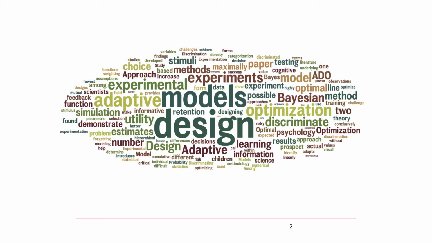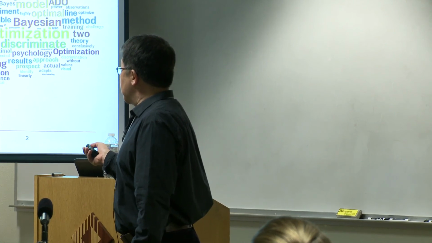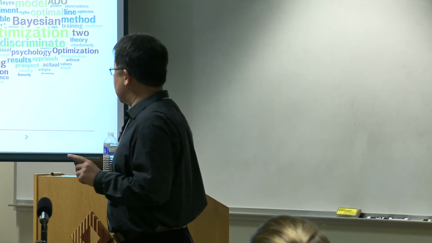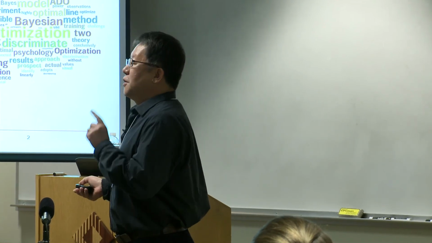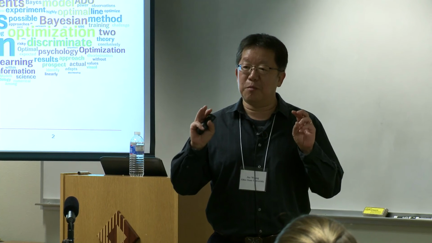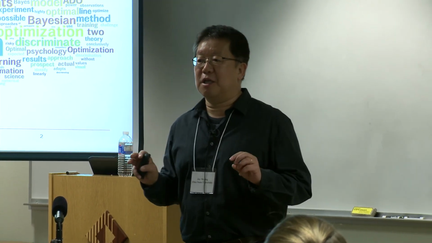If I were to give a one-page snapshot of this entire one-hour talk, it would be Wordle images. It's about experimental design. If you're going to conduct an experiment, the purpose is to discriminate formal, mathematical models, and you want to design the experiment in such a way that it will optimally or maximally discriminate your formal models.